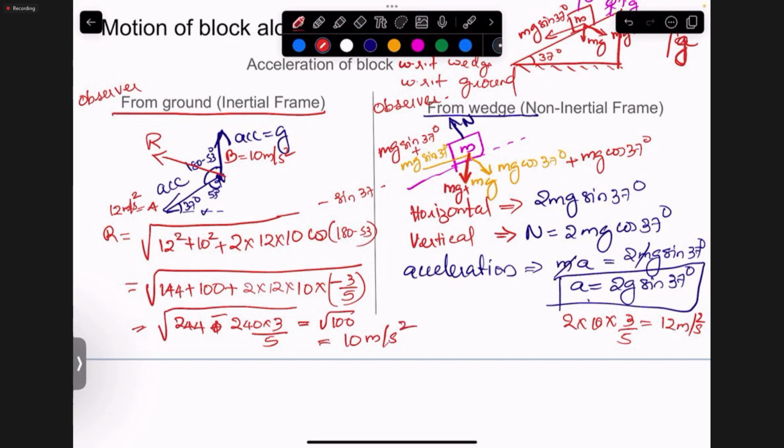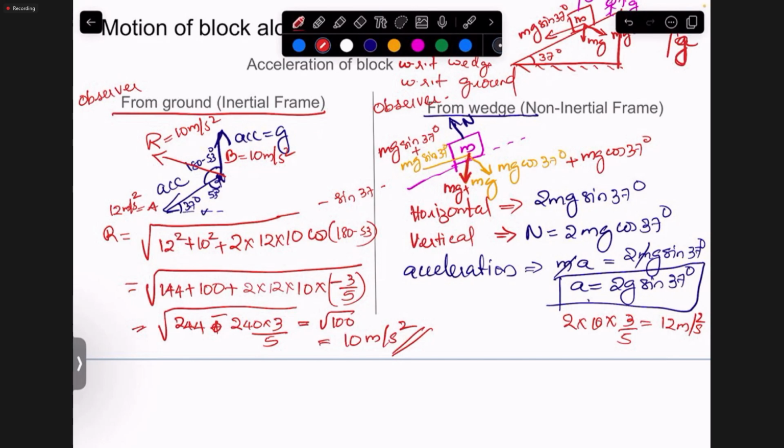So that is the resultant acceleration over here. Okay. What we did here is we have considered the acceleration of this block that is being perceived. So we have calculated the acceleration of this block from the wedge, and that is the original acceleration that we feel here also, right, from the ground.